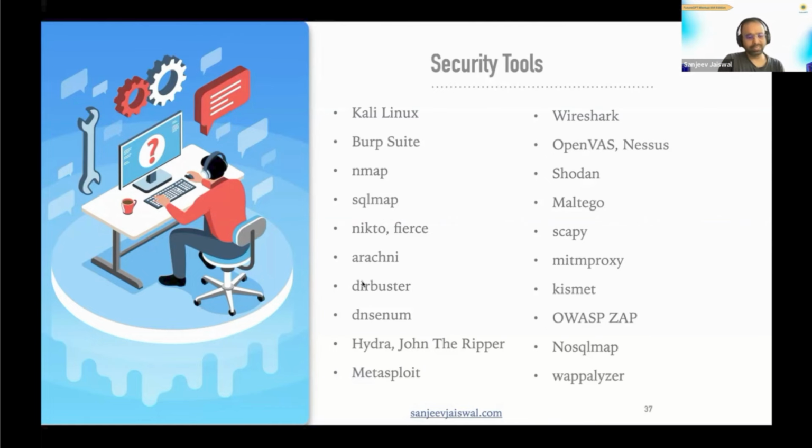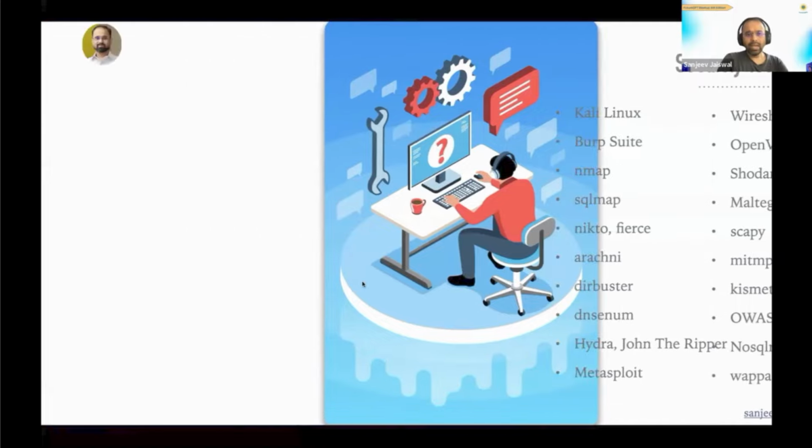For example, if you are doing pen testing, you will be doing information gathering and then the exploit phase. So you will look for Metasploit, Nikto, and if you are trying a SQL injection attack, you will look for SQLmap. From the network side, to figure out which version and which port, you will use Nmap. From the API and application side, you might be using Burp Suite. So these kinds of things are always there.